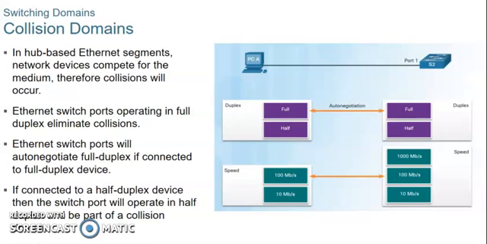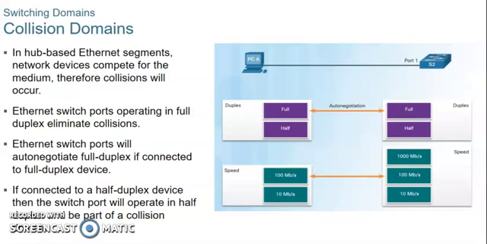That means switch B is working in full duplex mode, and switch A is working in auto mode. So when you connect switch A with switch B, switch A will negotiate with switch B. Switch A will ask switch B in which mode it is operating. If switch B replies that it is operating in full duplex mode, then switch A will also operate in full duplex mode.